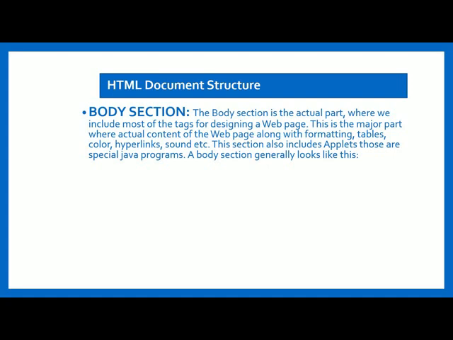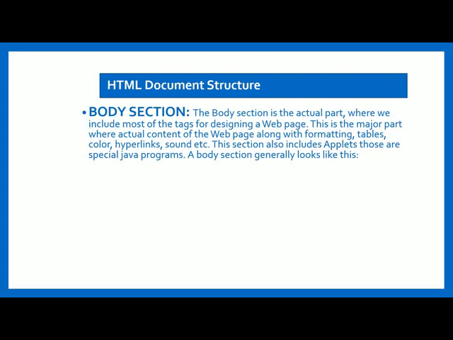Apart from this, we can even include headings, paragraphs, hyperlinks, and listing can also be done. In this section, we can even include the applet tag also. What is an applet? Applets are small special Java programs.